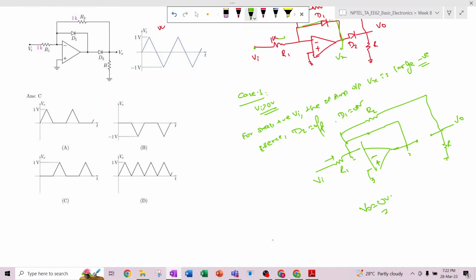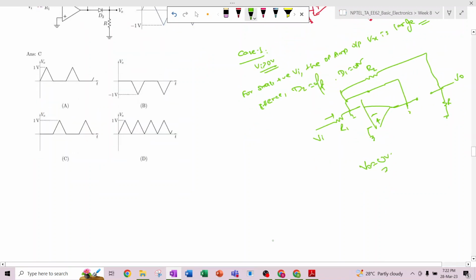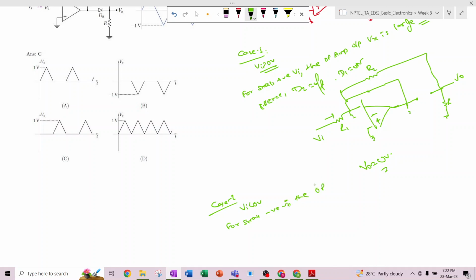And case number 2, if we analyze case number 2, that is Vi is less than 0 volt, that is for small negative Vi, the op amp output Vx is large positive.